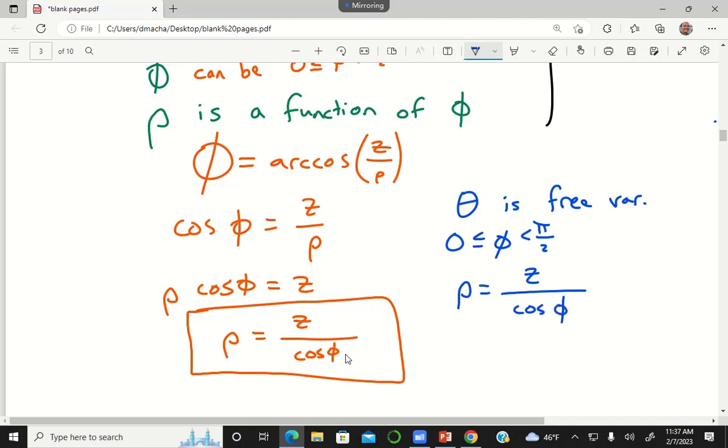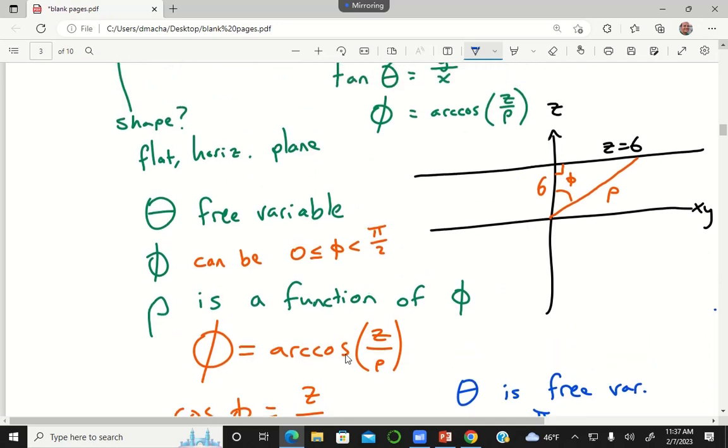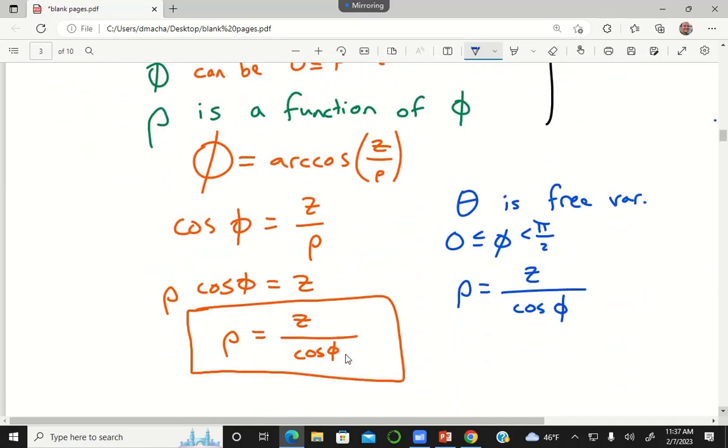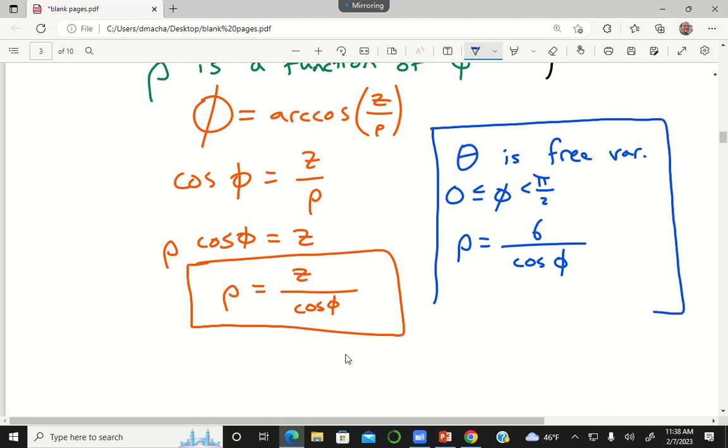But remember, for my plane, z is always six. This is what we were starting with, that we wanted to convert into spherical coordinates, with z equals 6. And so what I'm going to do is write rho equals 6 divided by cosine of phi. And this is how I describe that plane using spherical coordinates.